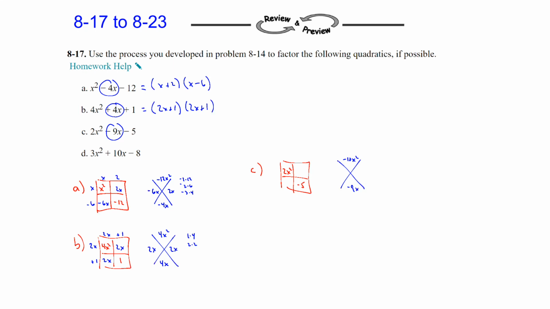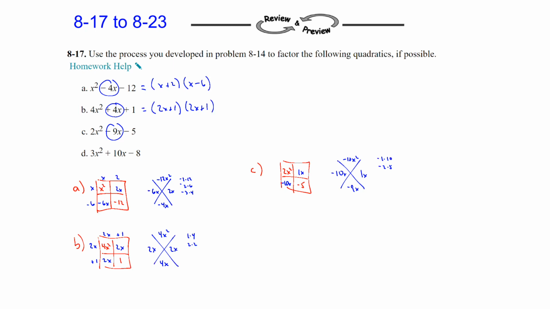So factors of negative 10, so 1 and 10, 2 and 5, one of those has to be a negative. Which one of those would give us a 9? The 10 and the 1 would give us a 9. Which one's going to be negative? The 10, because we want to add to get negative 9. So we'll put negative 10x, and so there's an x and a 1x.